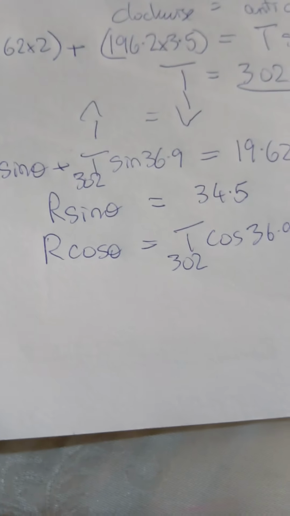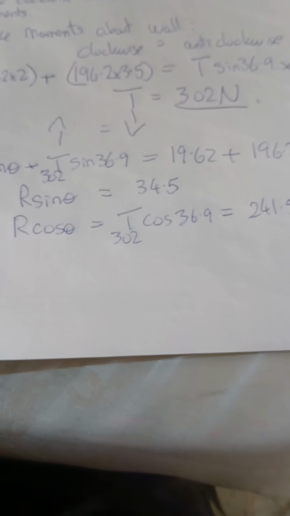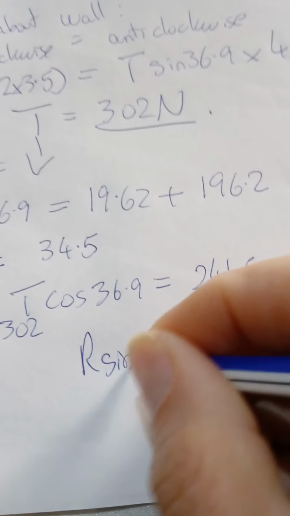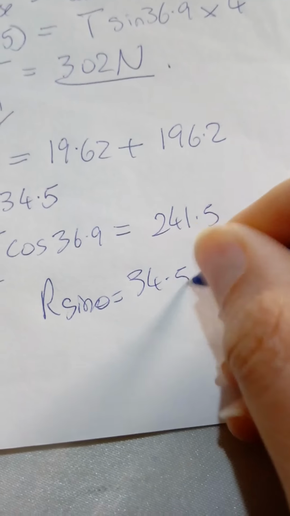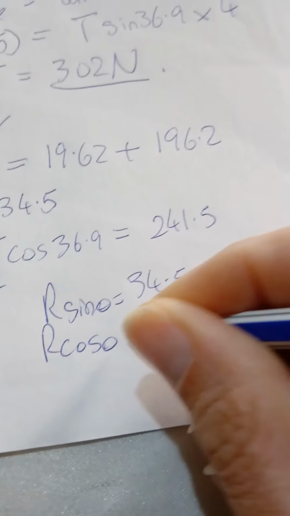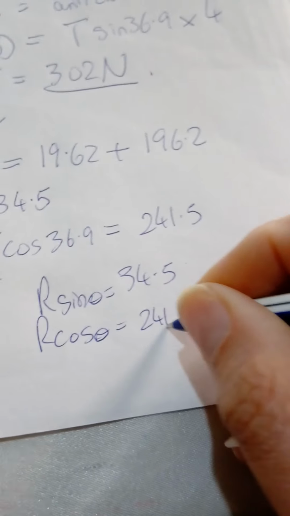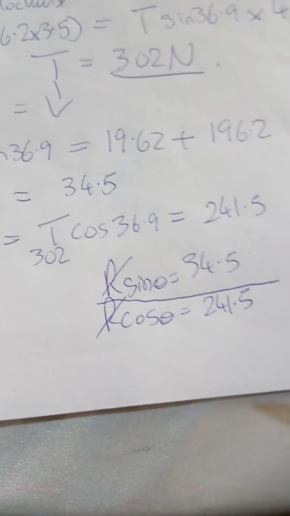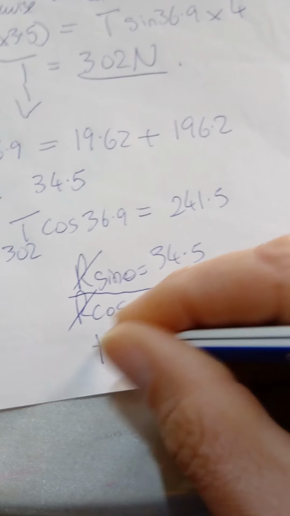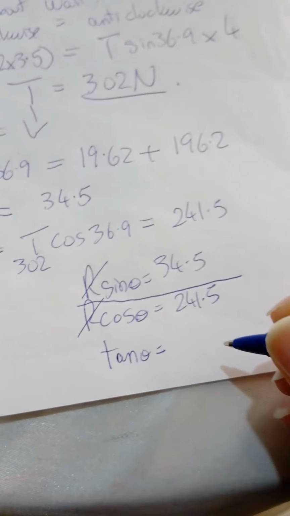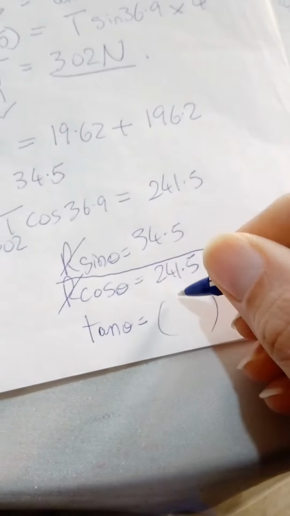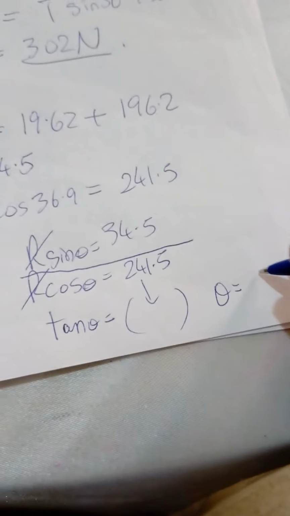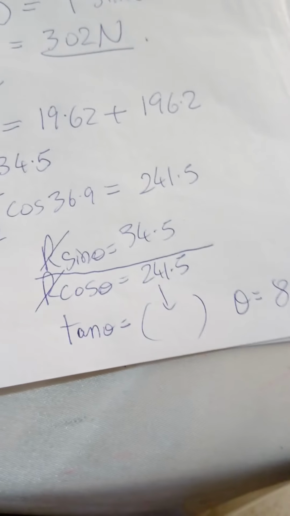Now we've got 2 expressions, one in terms of R sine theta, one in terms of R cos theta. I'll write them down again now. R sine theta equals 34.5, R cos theta equals 241.5. We can divide. R will cancel. Sine on cosine is tangent theta. And when you divide it and work it out, you'll get theta equals 8.1 degrees.